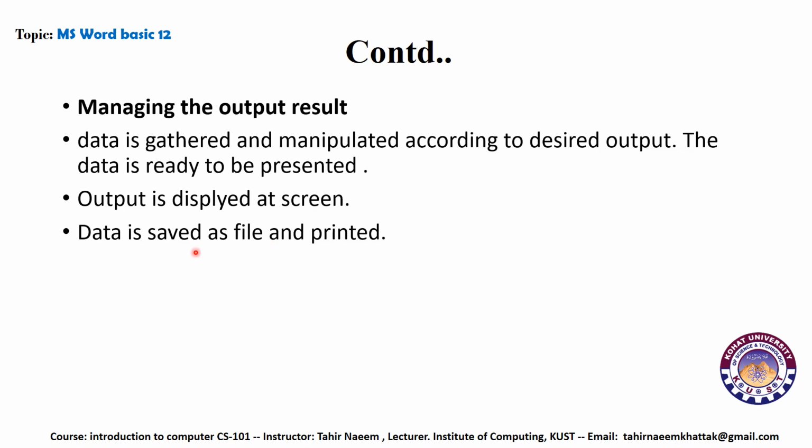There is another way of presenting the data: we save it in a file and command the printer to print the document, and the resulting data will be presentable in a hard copy. When data is printed, it is called a hard copy of data, which we can touch and physically possess.